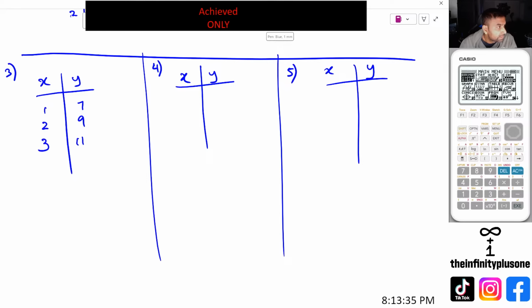Table. Nah. f of x. Getting a table, team. Give me 1 second.